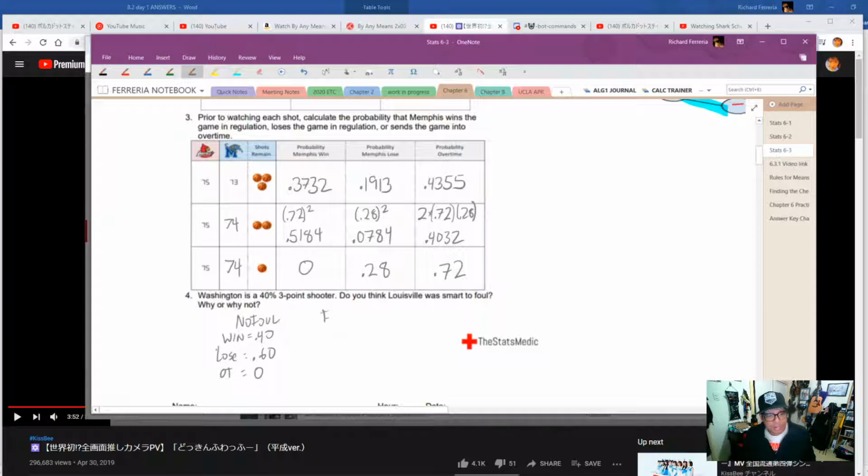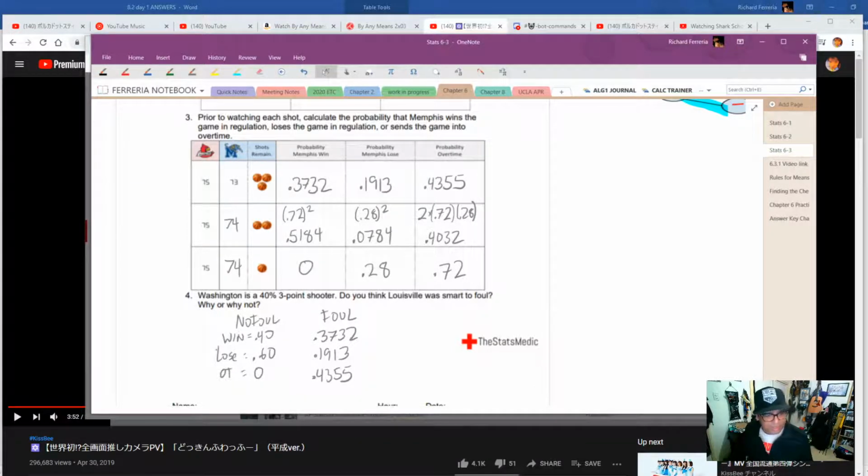If they did foul, the probability of Memphis winning dropped to 0.3732. The probability of Memphis losing also dropped to 0.1913. And then the probability of going to overtime jumped up to 0.4355. So if you're Louisville here, should you foul or should you not foul?